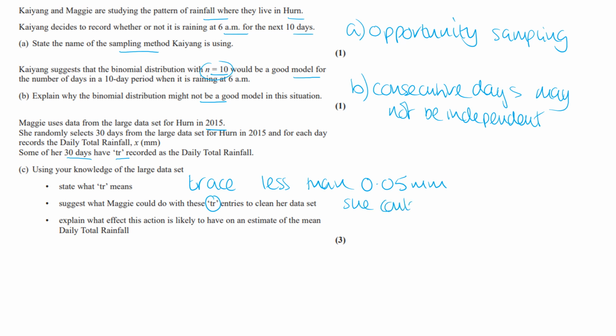She could use 0 instead. So when she's going to do her calculations, she could just put in nothing because it's so small. She can just put in 0. Explain what effect this is likely to have on the estimate for the mean. It's likely to be an underestimate because she has set them all to 0 and there is a small trace, so it's likely to be higher than her estimate when she uses 0.